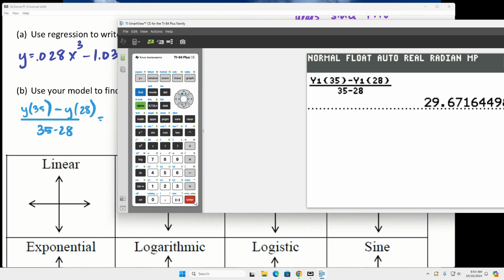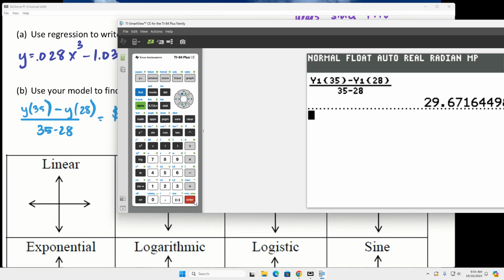There it is. So it's up to you to either round or truncate to 3 decimal places, but it's going to be about 29.672, or $1 billion per year.